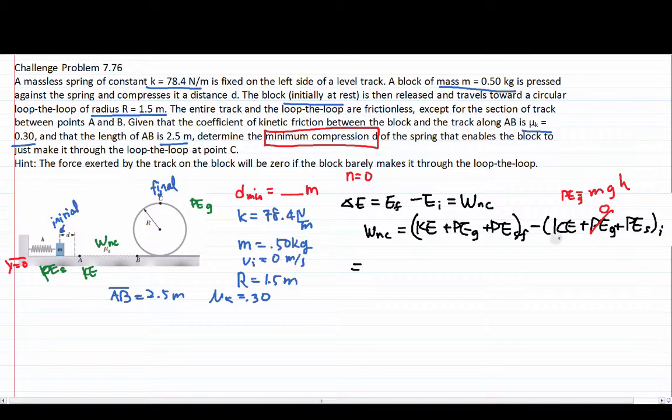Kinetic energy initially is 0 because our problem stated that initially it's at rest. Then we can cancel out the spring potential energy at the point C because the block is no longer attached to our spring.